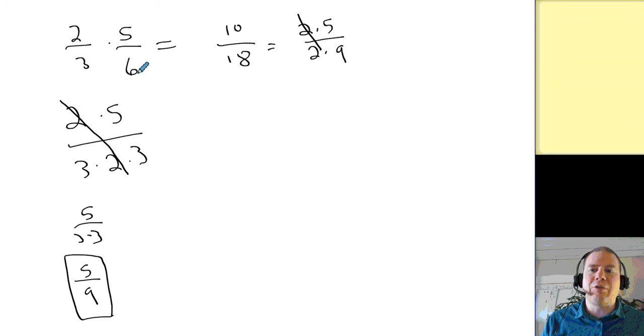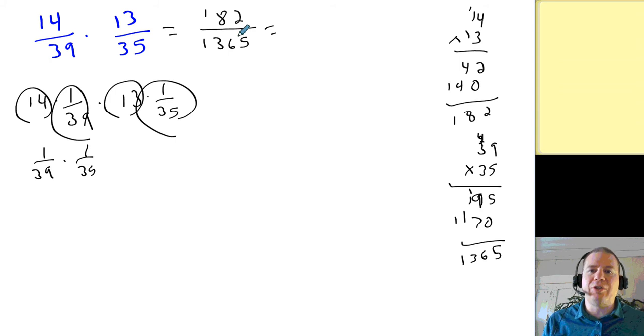Well, it's a lot easier to write 6 as a product of two factors than to split this one up and maybe have more to cancel, right? When we have these giant numbers, I'm supposed to look at 1365 and not only know what might go into this evenly, but what might go into this evenly and 182 evenly. Yikes. Right?